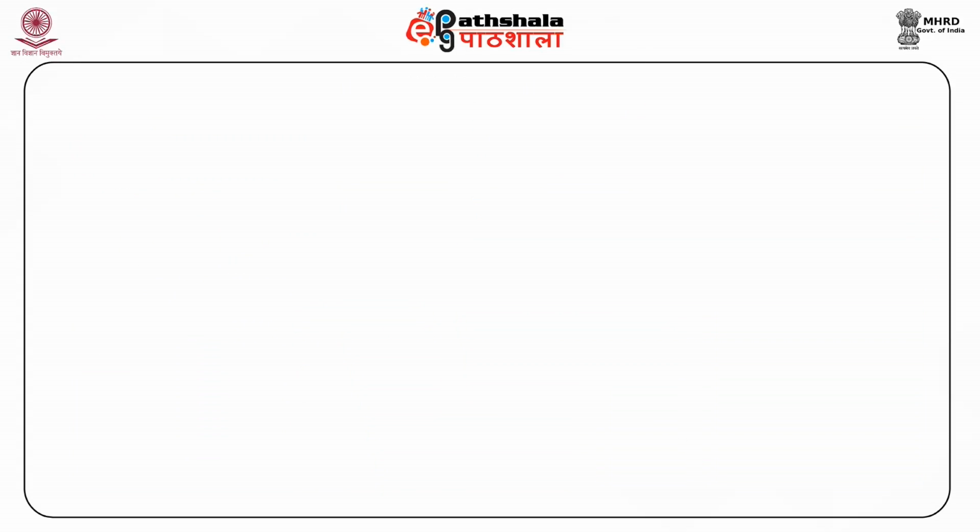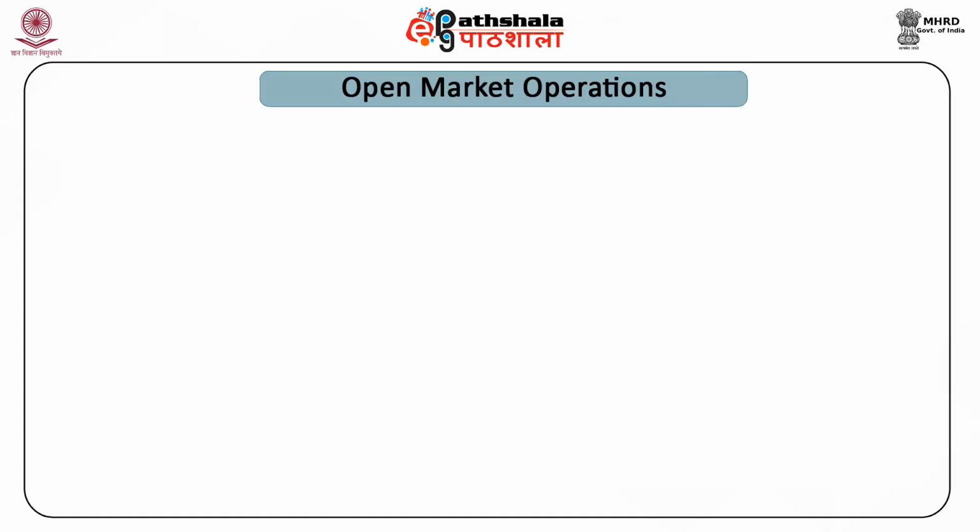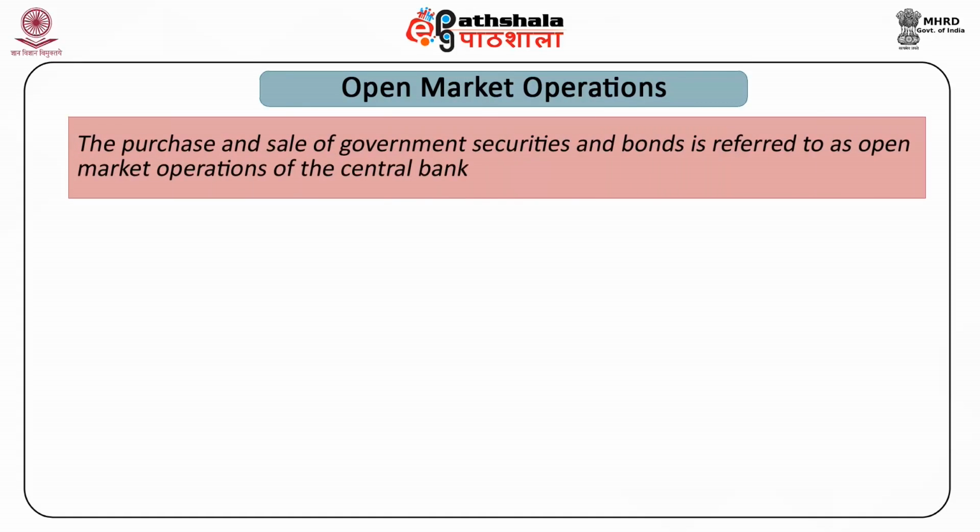Third tool of monetary policy used by RBI is open market operations. The purchase and sale of government securities and bonds is referred to as open market operations of the central bank.